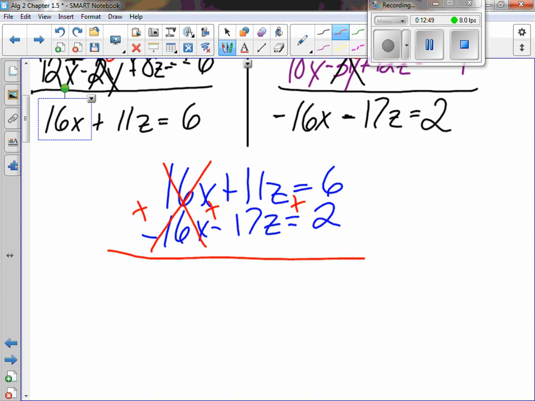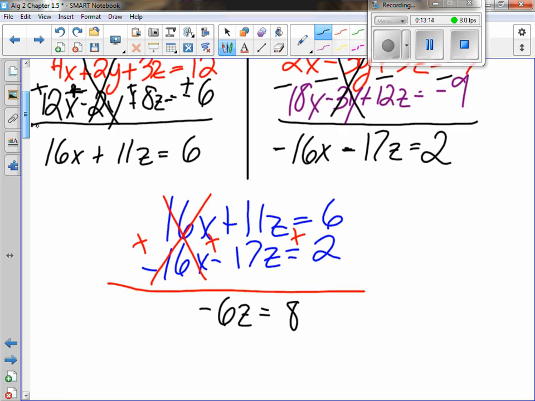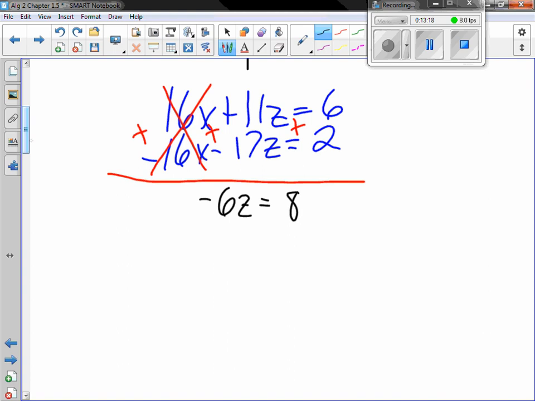We should always be eliminating one of these on each step. 11z plus negative 17z is negative, what, 6z? Yep. Now what we're going to do next is we're going to divide both sides by negative 6.